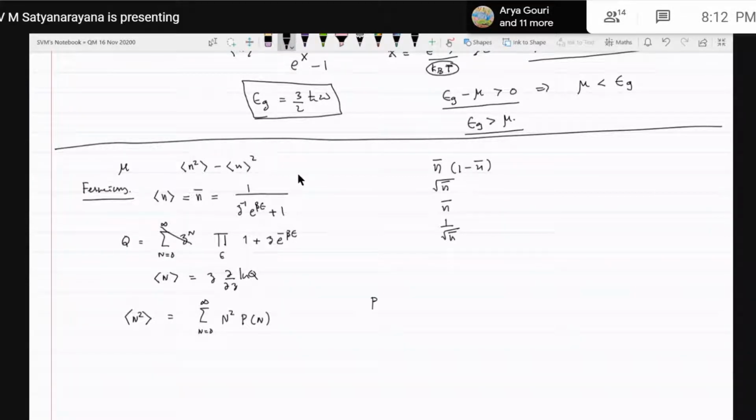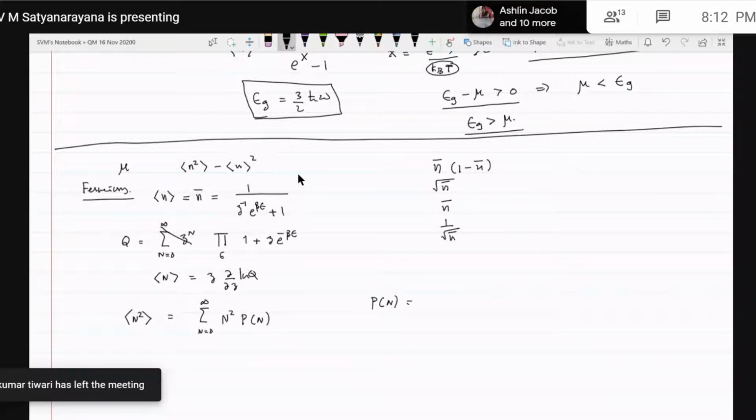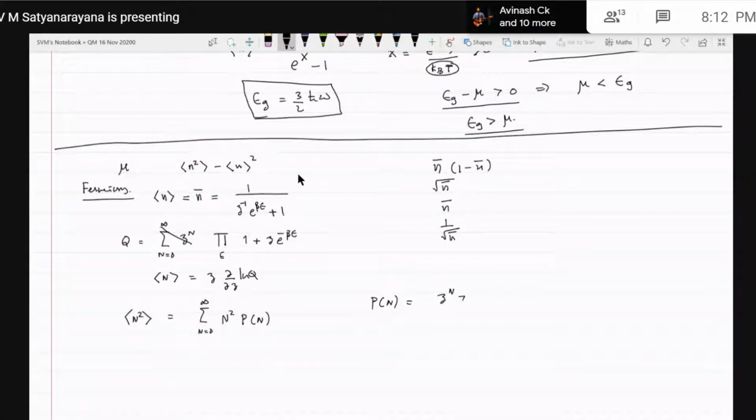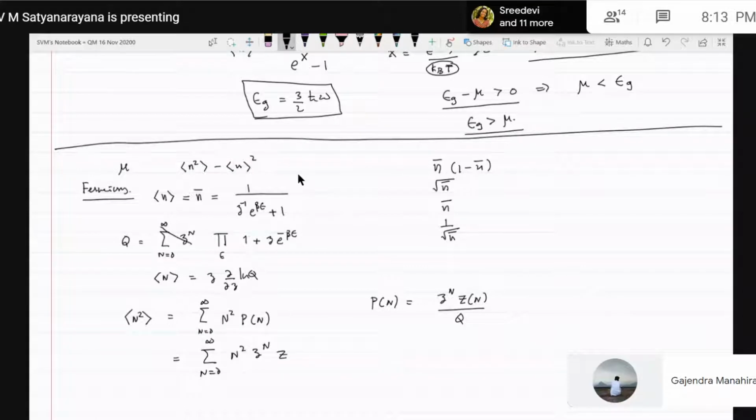And the probability of n particles is z to the n into Z of n divided by Q. So that is equal to 1 over Q, sum over n equal to 0 to infinity of n square z to the n into Z of n.